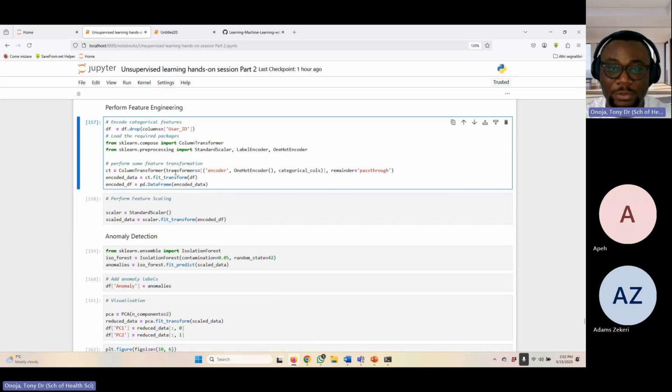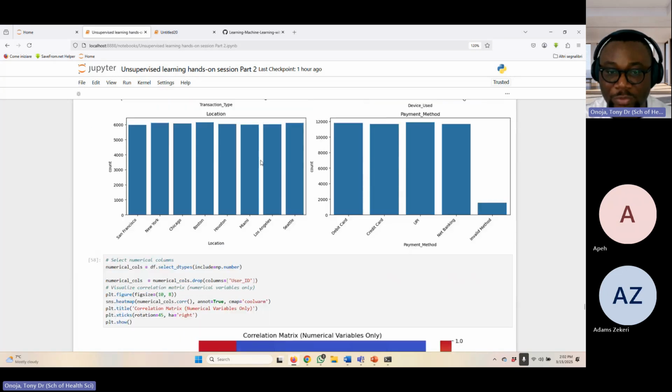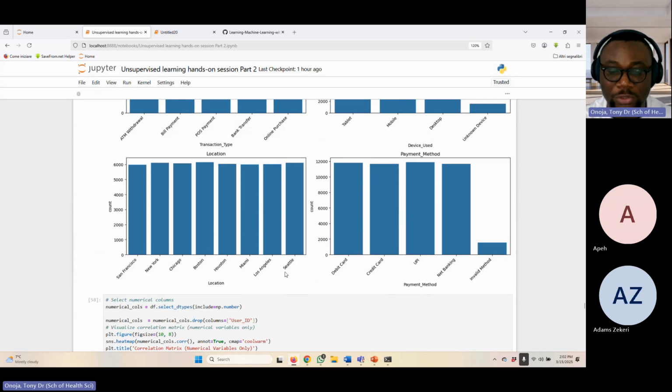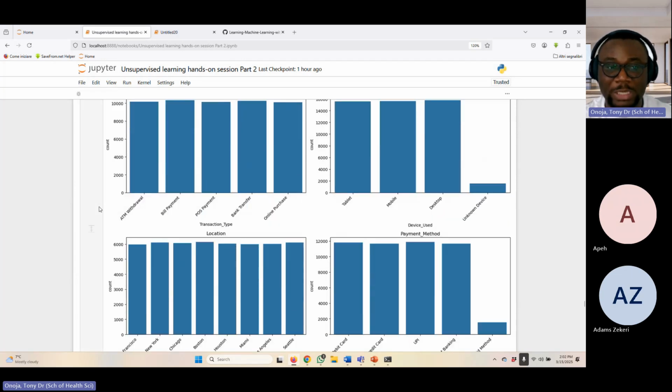So we perform some sort of one-hot encoding because we are interested in the categorical variables here. We don't just want a location, but we want to know which location exactly. Where is this thing really happening? For example, when we are looking at transaction type, we are not just interested in the transaction type, but what sort of transaction type. Is it a POS payment?